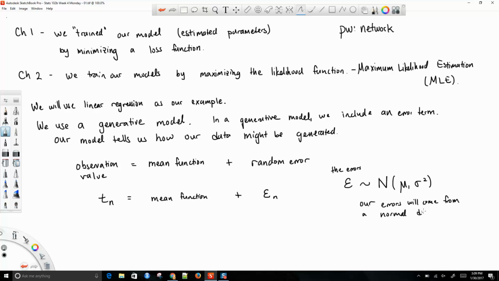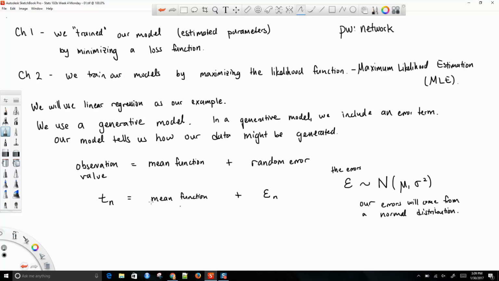Have you guys taken 100C, generalized linear models? In that class you learned you can have errors coming from different distributions, right? Not necessarily the normal. The normal is a good choice for a lot of things, but you can also have, say, a binomial distribution for your errors.